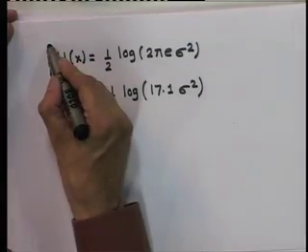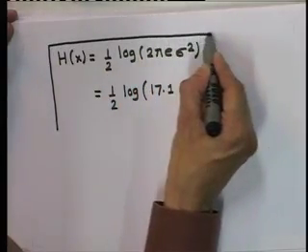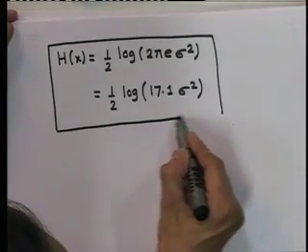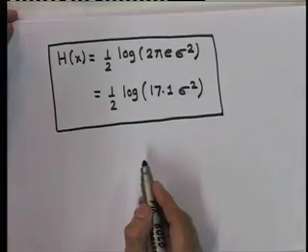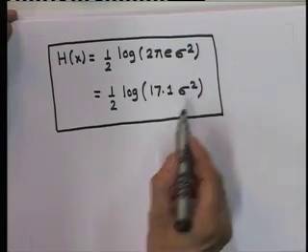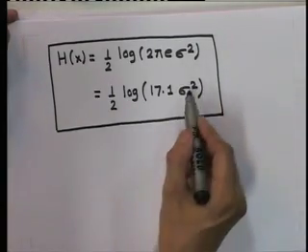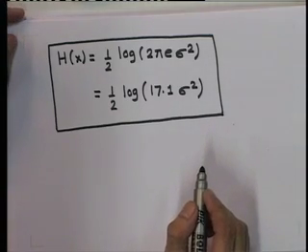This is the maximum differential entropy which we will get when the continuous random variable is Gaussian distributed with the mean square value equal to a constant sigma squared.